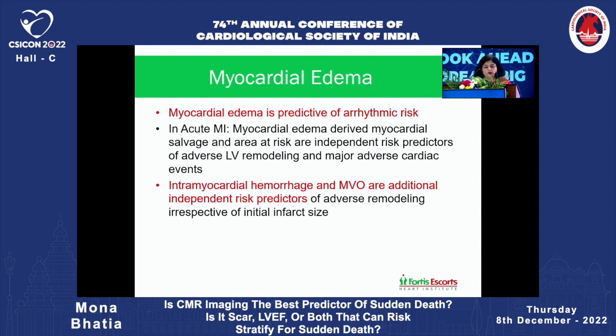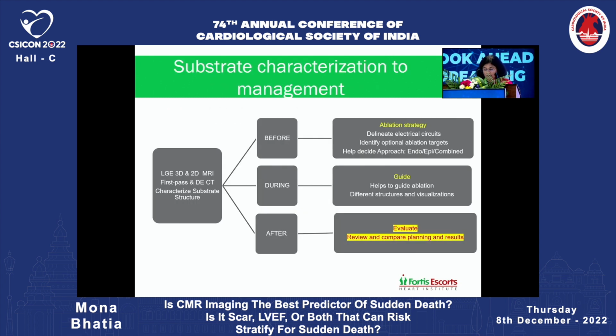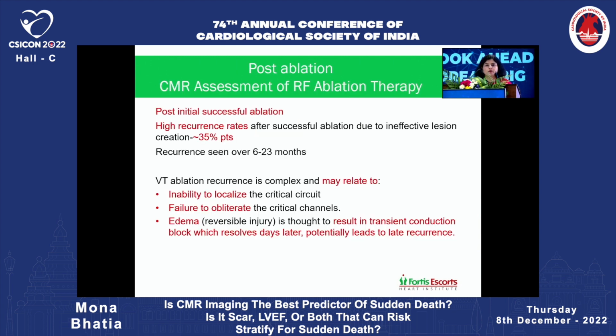So going on to myocardial edema, this again is predictive of arrhythmic risk, and intramyocardial hemorrhage and microvascular obstructions are additional independent risk predictors. Even after the ablation is done, in order to evaluate, review, and compare planning and results, it's important to have a CMR.